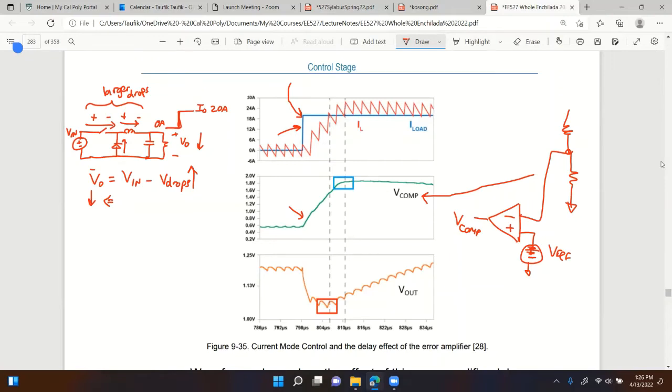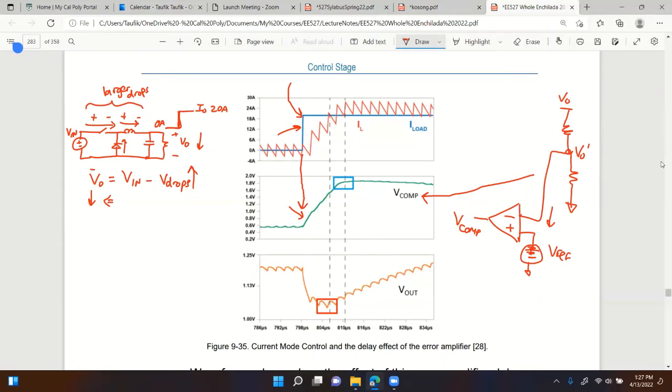The output right away increases because Vout prime drops, so the difference between Vref and Vout prime increases because the output voltage drops. As soon as the output current increases, Vcomp increases. That's good news.